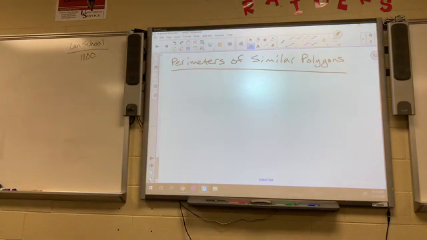It's on page 420. I'm not going to write this whole thing out or draw the whole diagram for you because you're going to have to go back and look that up anyways. So for the sake of time here on the video, I'm not going to draw that out. But what it says: if two polygons are similar, then the ratio of their perimeters is equal to the ratio of their corresponding side lengths.